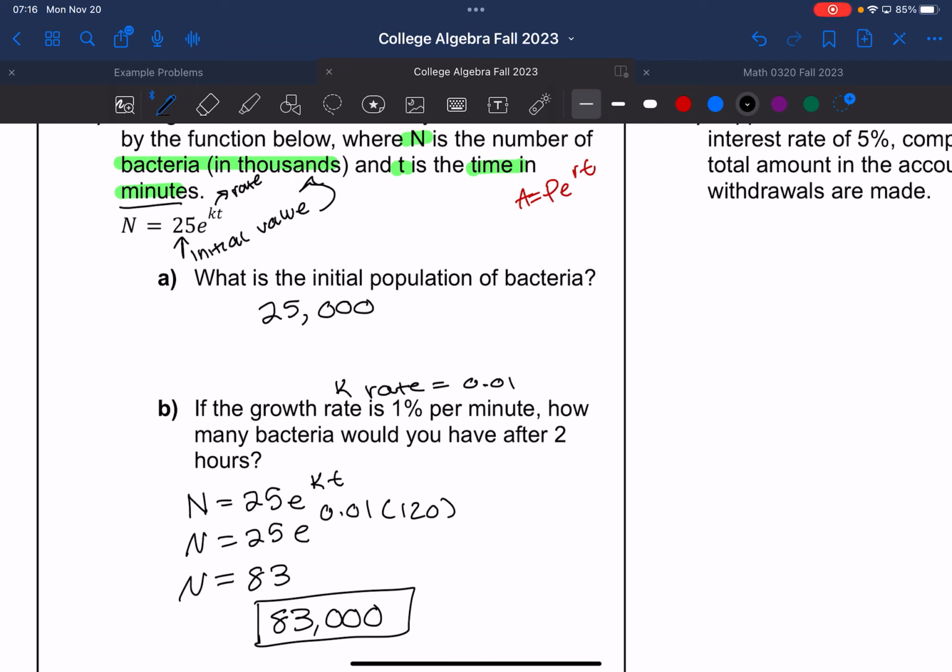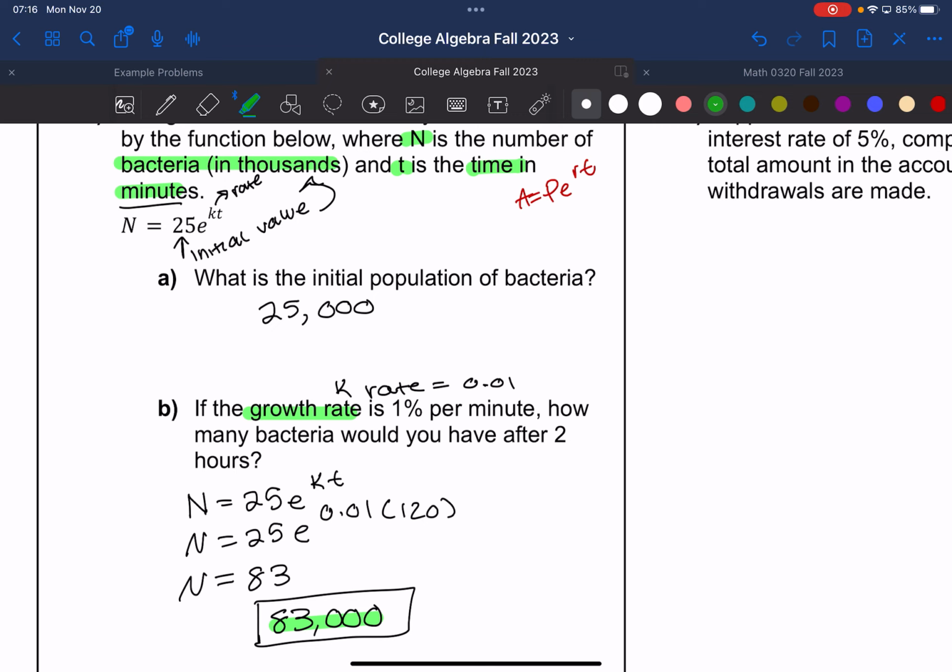So this is saying at a growth rate of 1% per minute, after 2 hours, our 25,000 bacteria went to 83,000. We also know we did that correctly because it says growth rate, meaning your number should be larger.